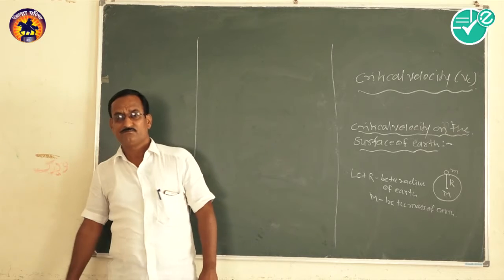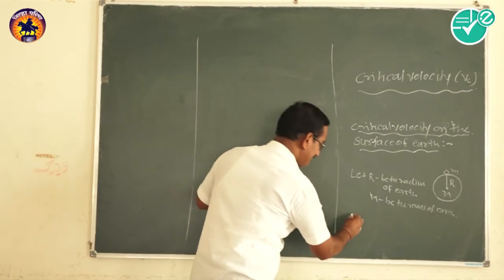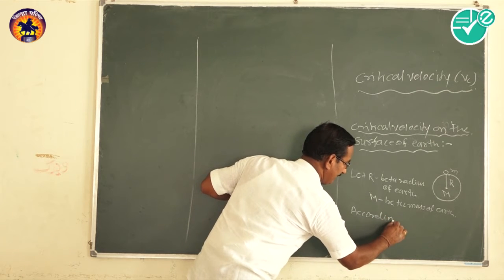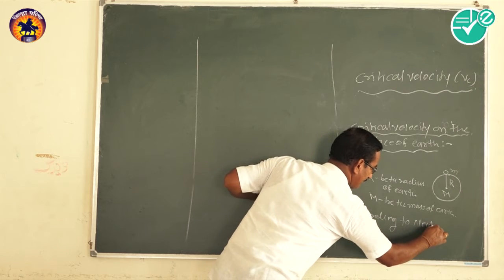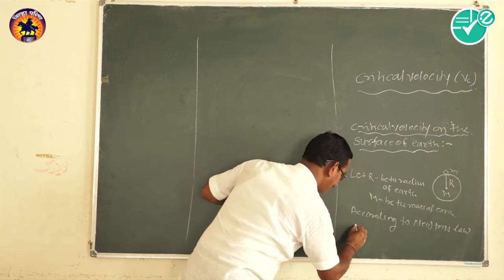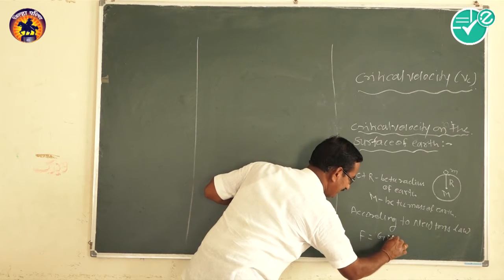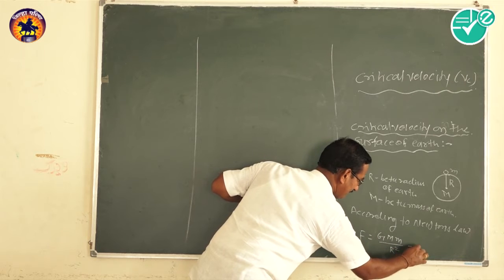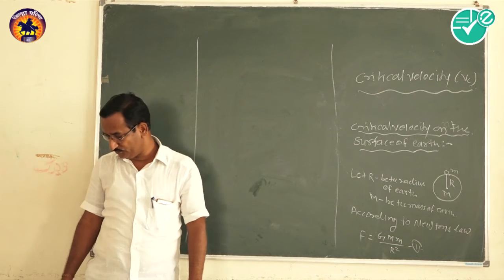Then according to Newton's law, the force F is equal to G capital M small m divided by R square. That is equation 1.